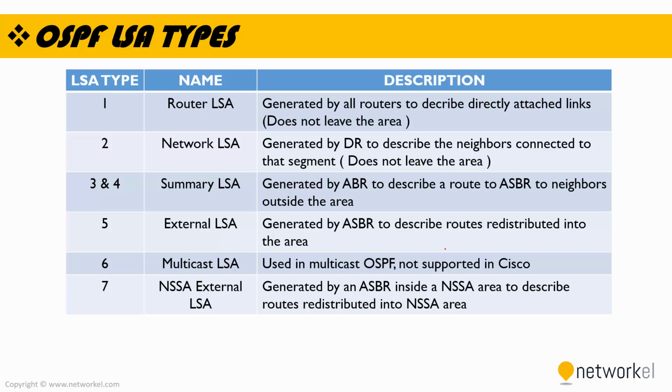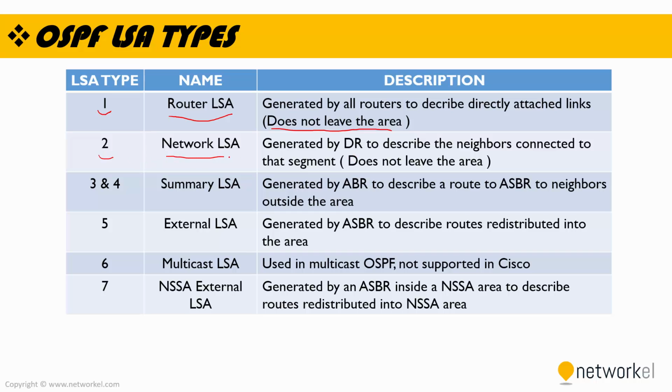So let's take a look at the OSPF LSA types. That's an important thing. We have 7 types of LSAs in OSPF. LSA 1 is known as the router LSA. That's generated by all routers to describe directly attached links, and router LSAs stay in the area that they are created in.